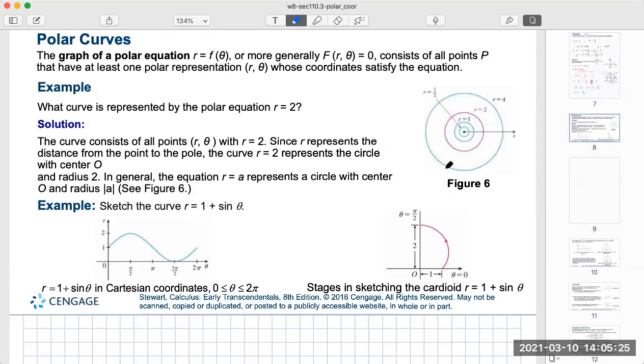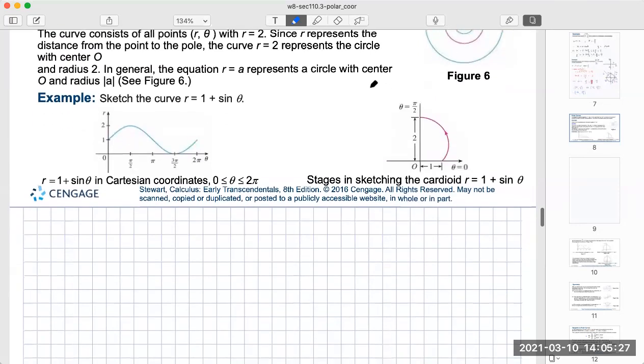In Cartesian coordinates, y is equal to f(x). Given a value of x, we can compute the value of y, right?